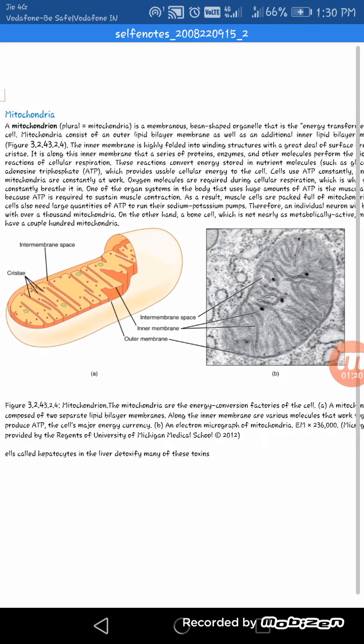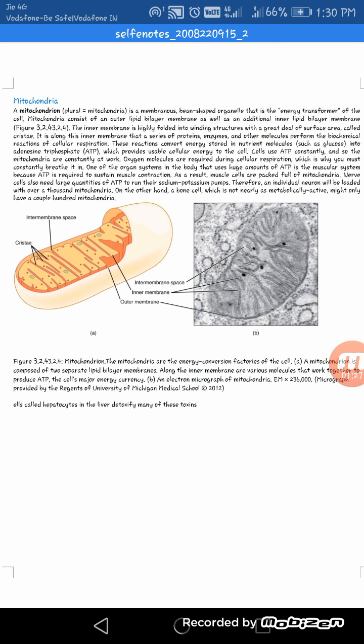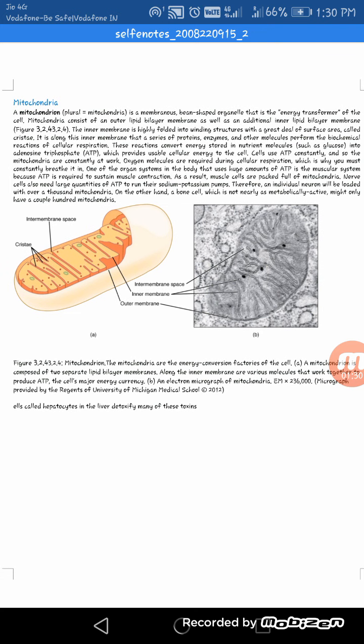These reactions convert energy stored in nutrient molecules such as glucose into adenosine triphosphate, ATP, which provides energy to the cell. Cells use ATP constantly, and so the mitochondria are constantly working. So it is also called the powerhouse of the cell.